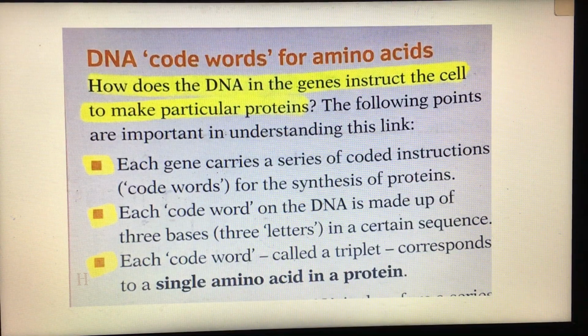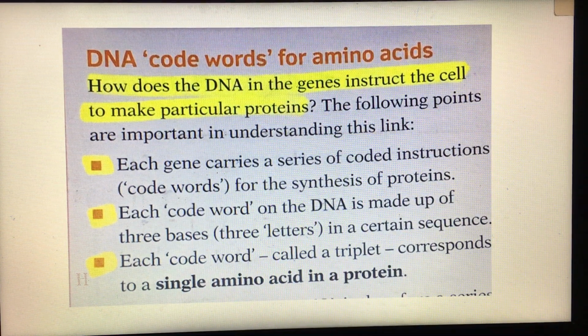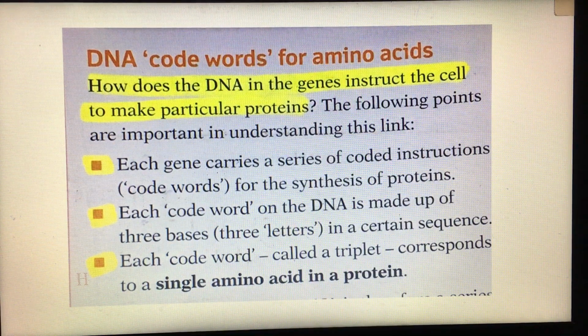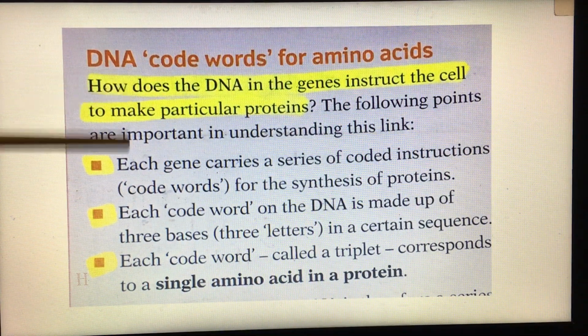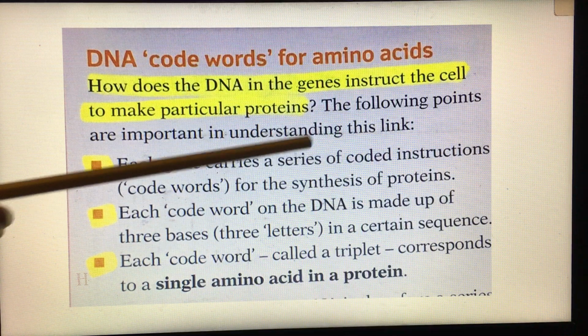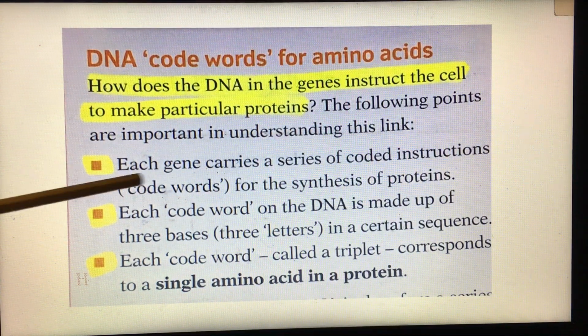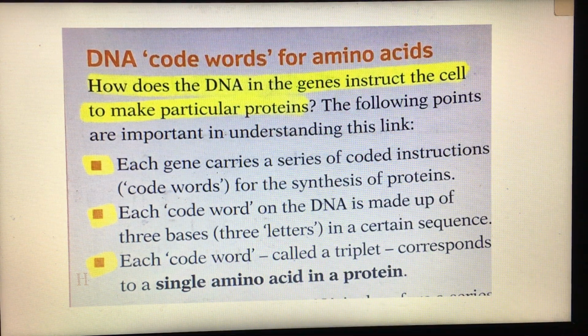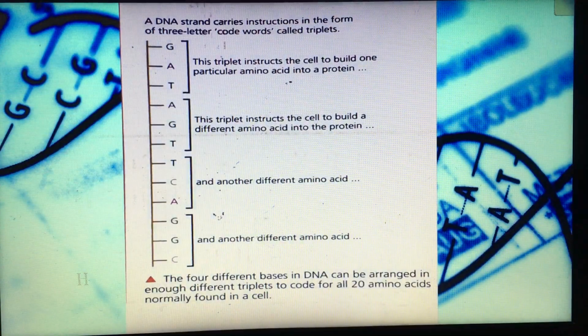Now in your book, page 196, we have: how does the DNA in the genes instruct the cell to make particular proteins? As we said, each gene carries a series of coded instructions, code words, for the synthesis of proteins.